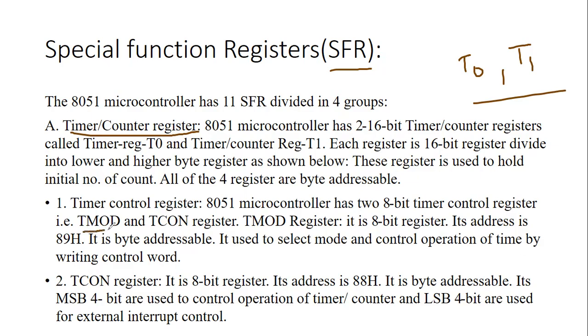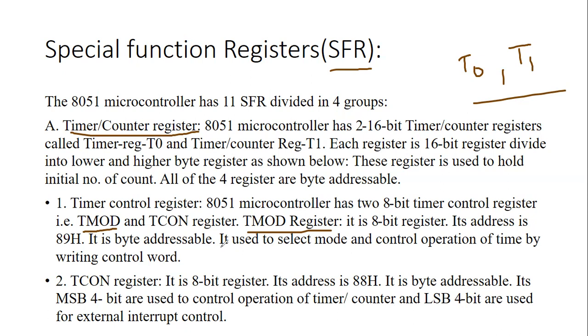So TMOD decides the mode of the timer, and TCON is used to generate control signals for the timer operation. What is the TMOD register? TMOD is an 8-bit register and its address is 89H.